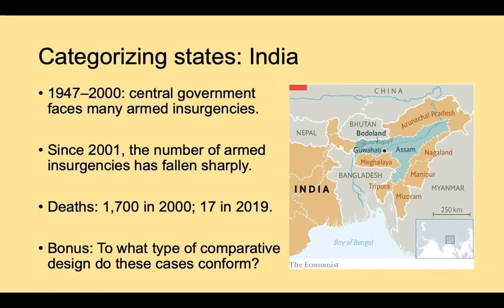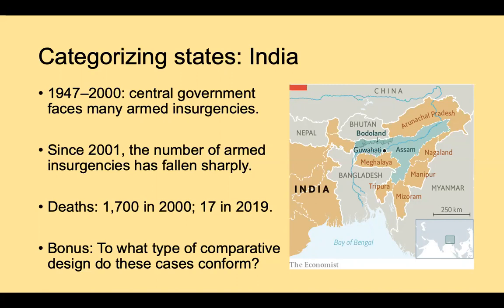So between 1947 and 2000, in these northeastern provinces, or the present day provinces, there were many armed insurgencies, lots of groups organized and taking up arms against the central government, seeking either autonomy or independence or more local control.